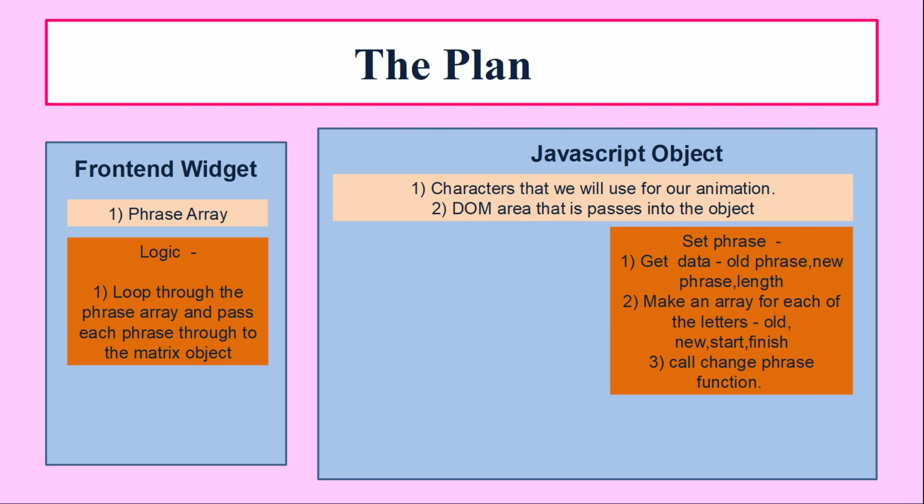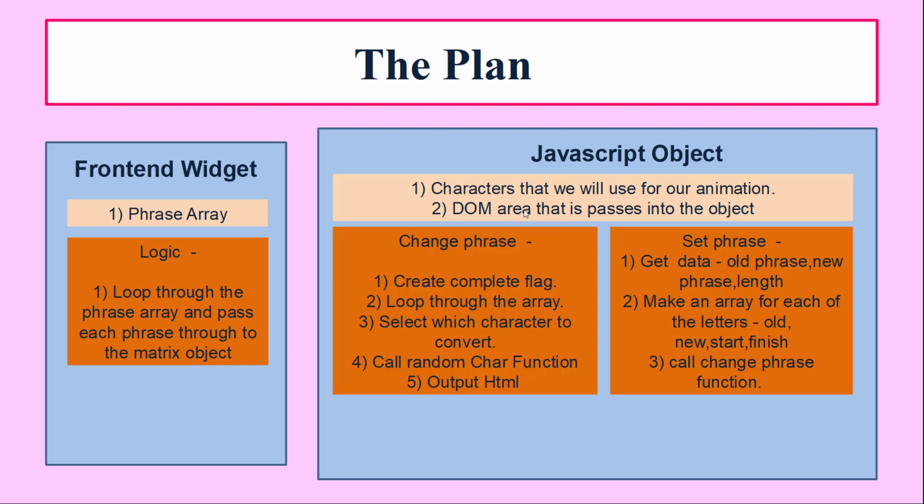In that video I say we need to create all these variables and values to create our animation. So what this method will do in our object is create all the variables that we need, and then create an array for each of the values that we need for each of the characters. Then it will allow us to call the change phase method, and that will do the actual change phase.